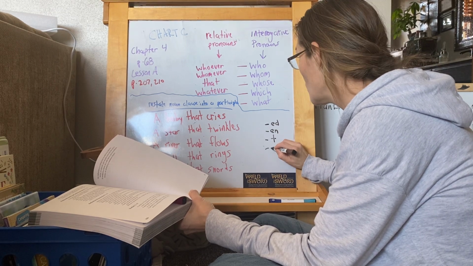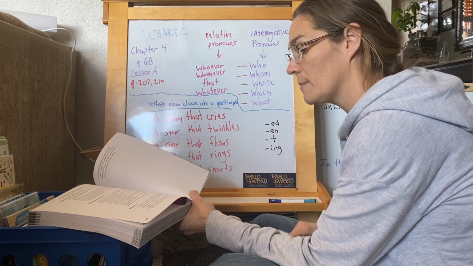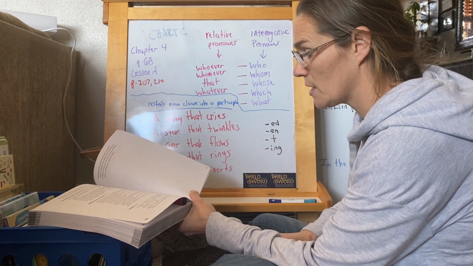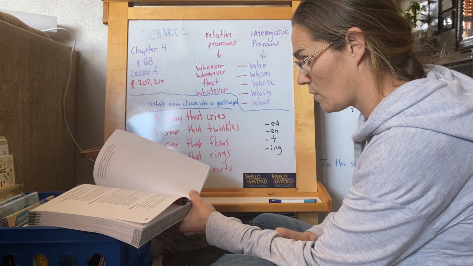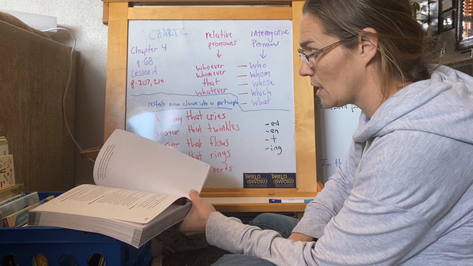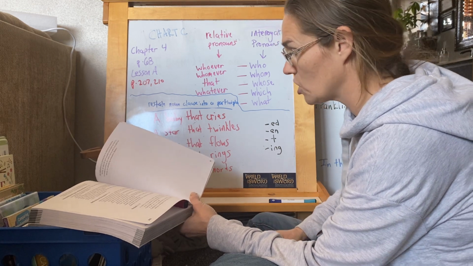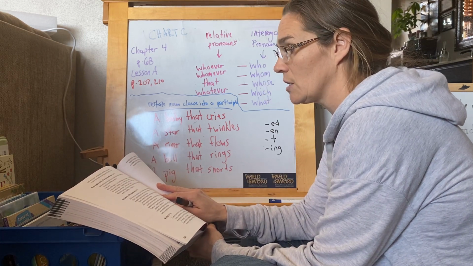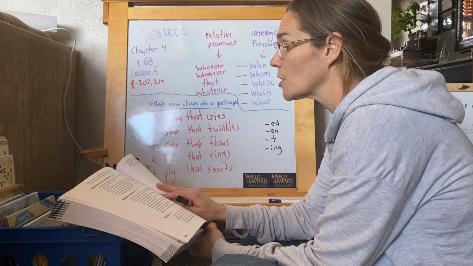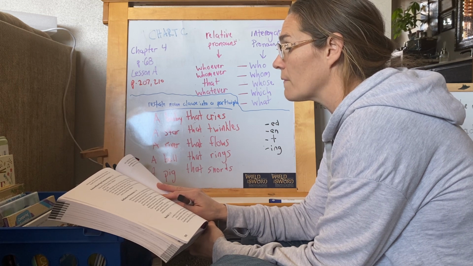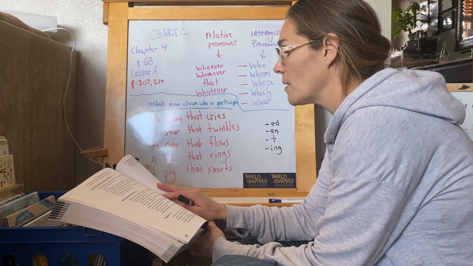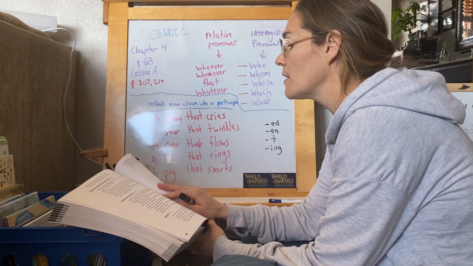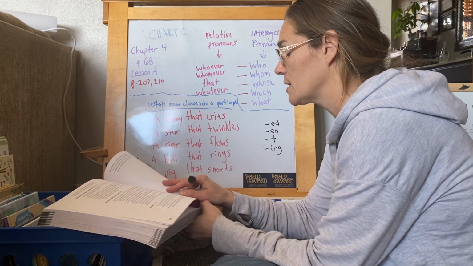t, or ing. A gerund is a verbal that is used as a noun, also ending in ing. An infinitive is a verbal that is used as an adjective, noun, or adverb, and usually starts with the word to. A verbal is a form of a verb that is used as an adjective, noun, or adverb in a sentence.